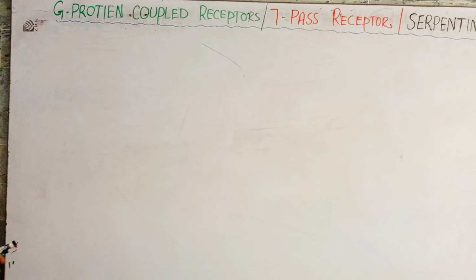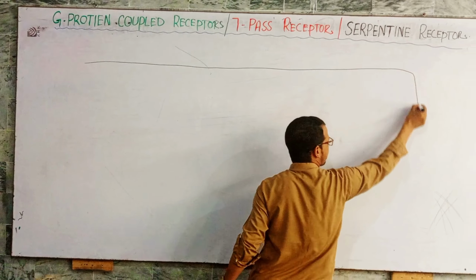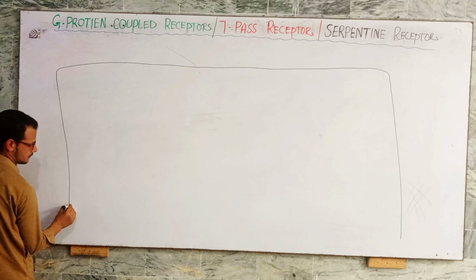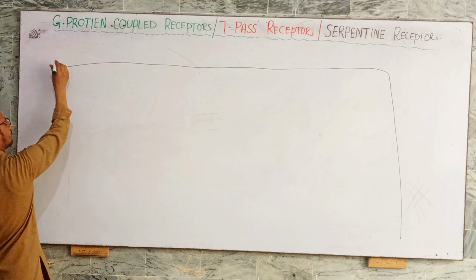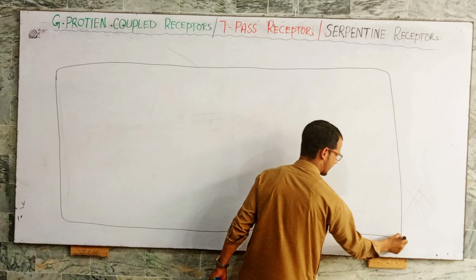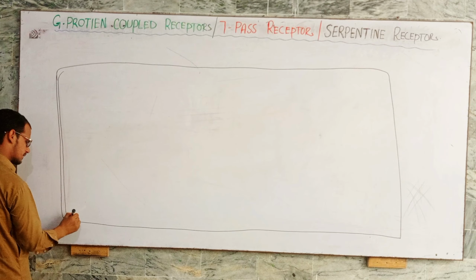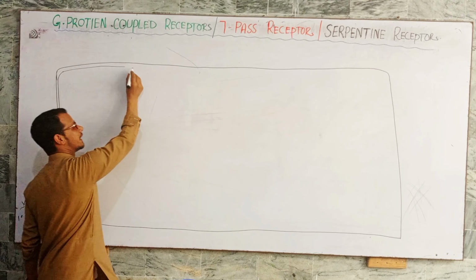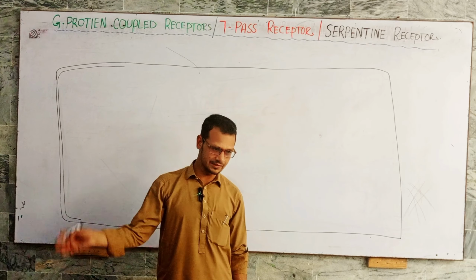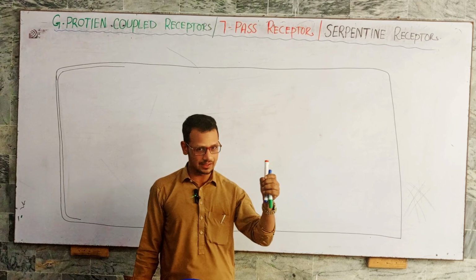Now we will take a cell, for example. The 7-pass receptor is a surface receptor. Some of the hormones in the body like FSH, growth hormone, parathyroid hormone act on the 7-pass receptor because they are hydrophilic and larger in size and cannot cross the cell membrane.